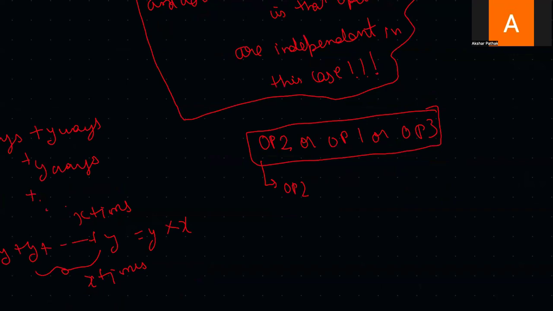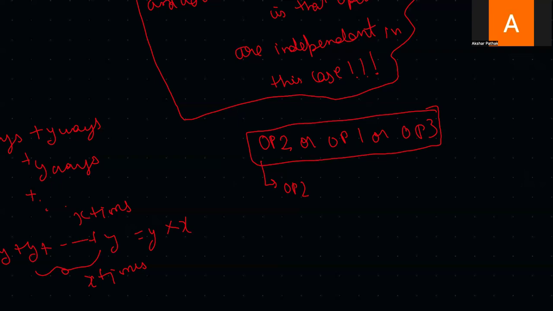Okay, let me give you one disclaimer. Whenever you encounter any question which has the term either, it means it's using the addition rule. And whenever you encounter any question which is using the term and, there's a high chance that it's using the product rule.